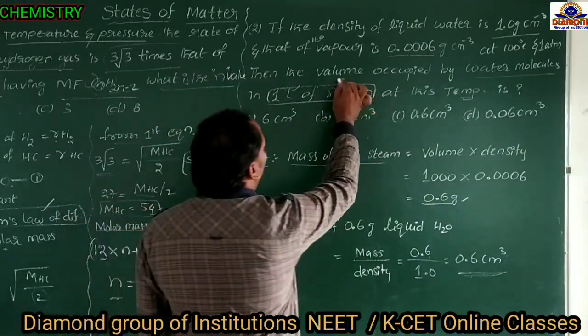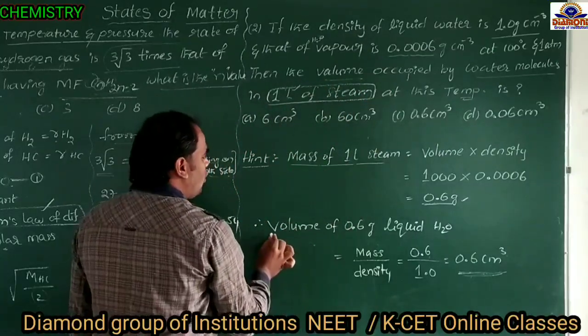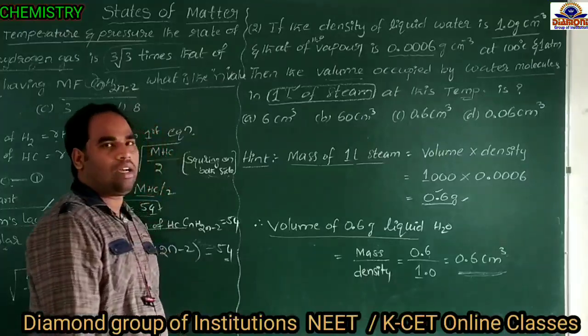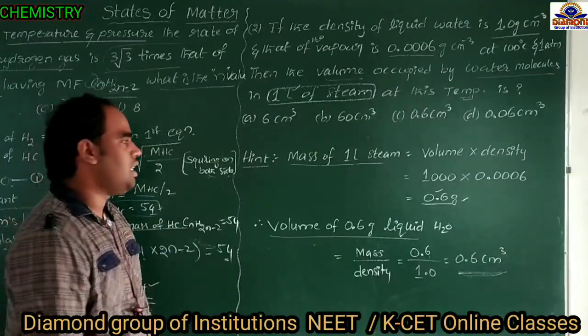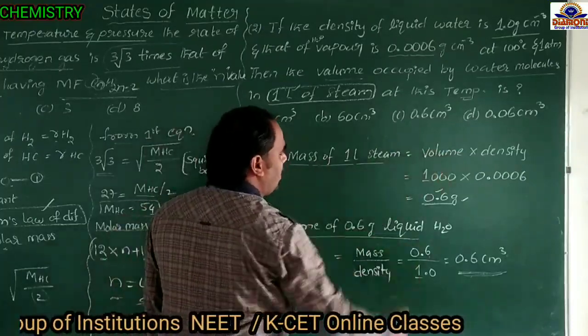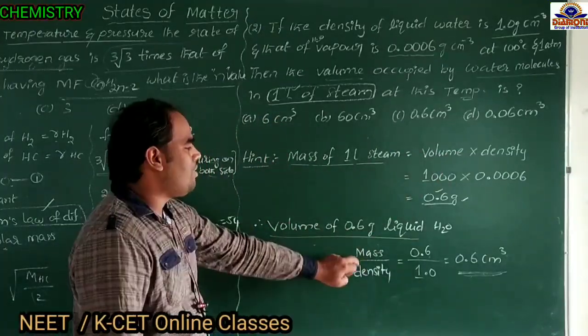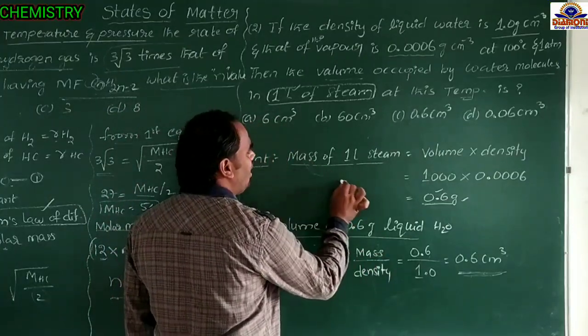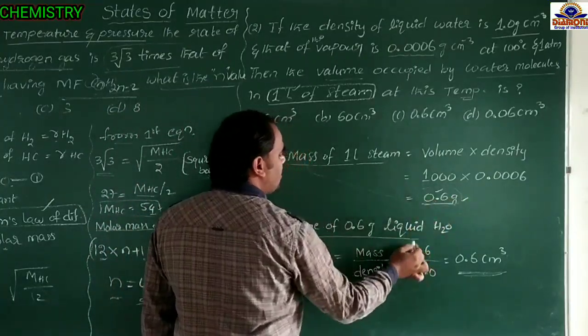But here the question is volume. So therefore, volume of 0.6 grams liquid water is equal to mass by density. Mass equals volume into density, and volume equals mass by density. So here, what is the mass? Mass of 1 liter steam is 0.6 grams.